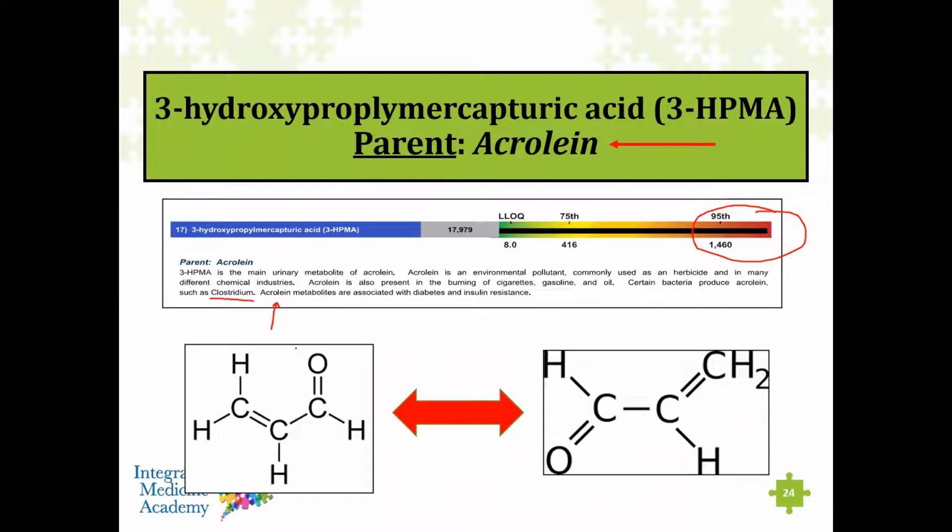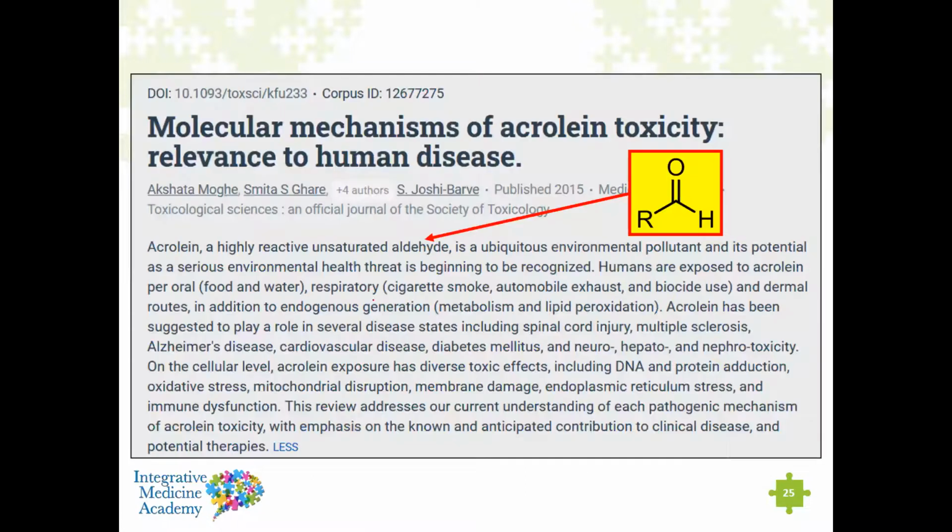Now, realize that this chemical has aldehydes. By definition, a carbon with a hydrogen and a double bonded oxygen is an aldehyde. And so these aldehydes are fairly ubiquitous in our environment, from environmental pollutants as well as things that we produce in our own body.